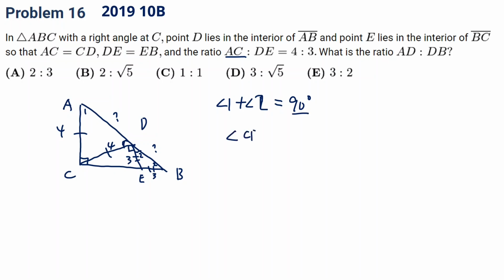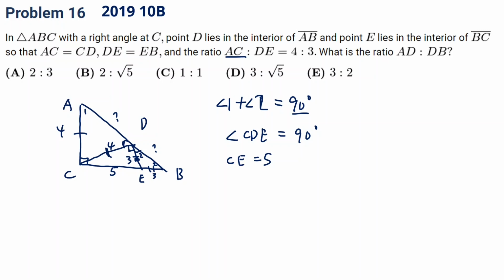So angle CDE is a 90-degree angle. Now we can use the Pythagorean theorem: this is 4, this is 3, which means CE should equal 5. This is our first step.